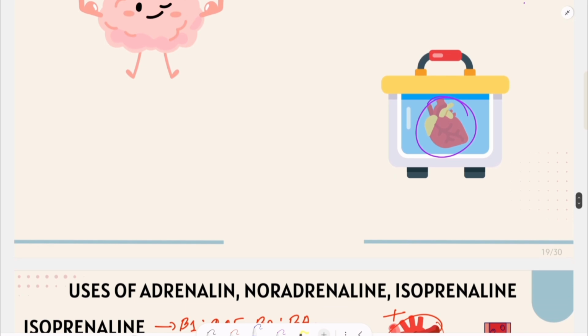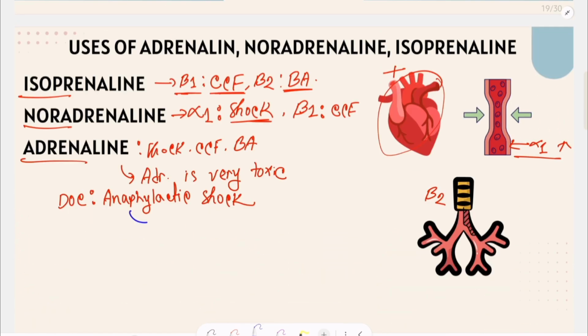The reason is that in anaphylactic shock, we also see bronchoconstriction. To treat anaphylactic shock, we need to cause bronchodilation as well. Remember the difference between adrenaline and noradrenaline? A for all and N for not for all. This means noradrenaline does not act on the beta 2 receptor and cannot cause bronchodilation.